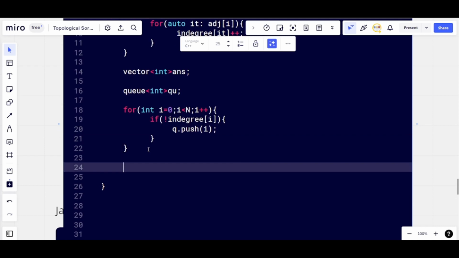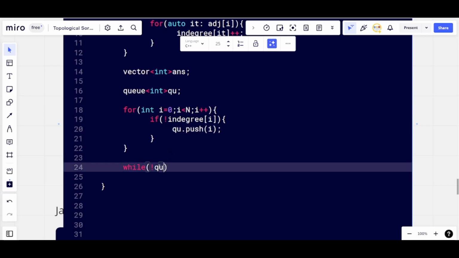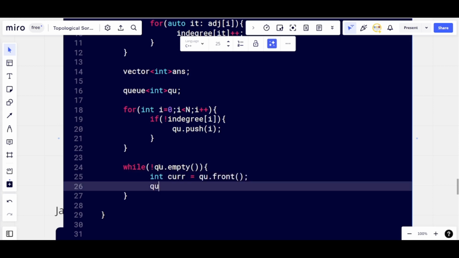Then I will run the BFS, the usual BFS, till this queue is not empty. So this is QU, till this queue is not empty, and I will pop the current element from the queue, queue dot pop.